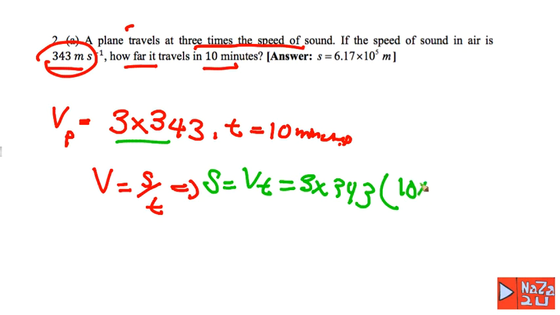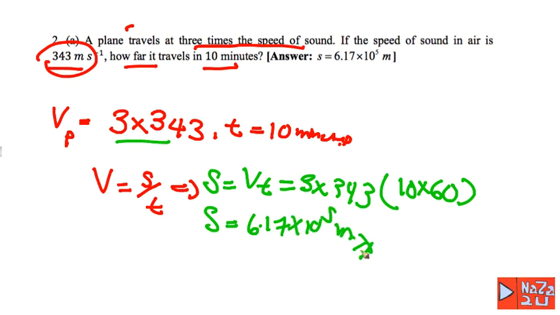So convert to seconds: 10 times 60, right? So we have the s or displacement is 6.17 times 10 to the power of 5 meters, right?